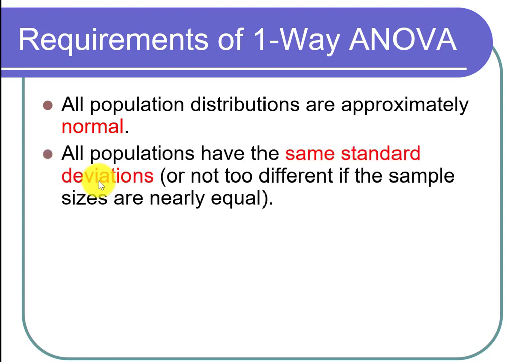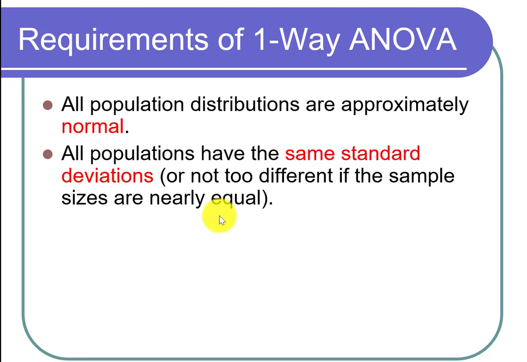The next one, which we really haven't seen before, is that all populations have the same standard deviations, or at least not too different if the sample sizes are nearly equal. What we're not going to get into, because that would be advanced statistics, is how you decide what it means to be not too different.